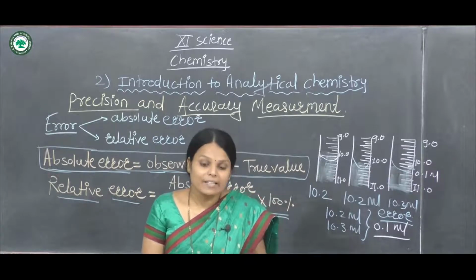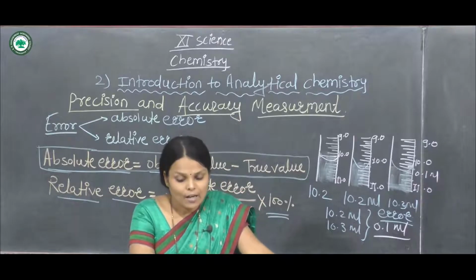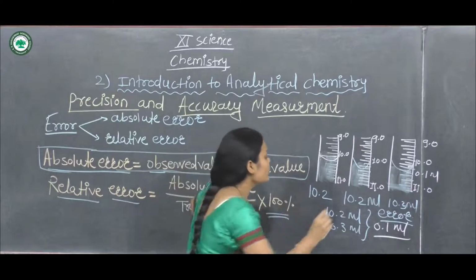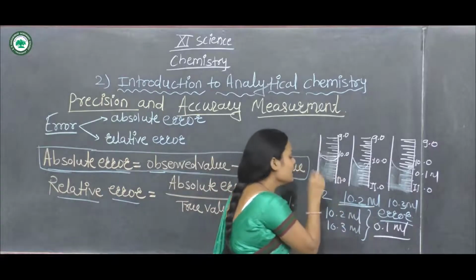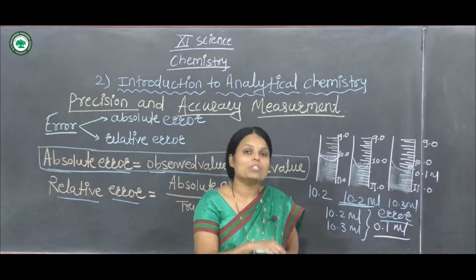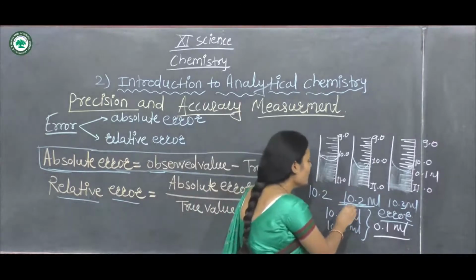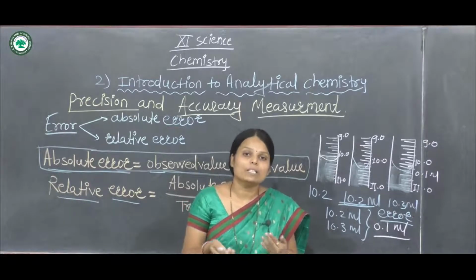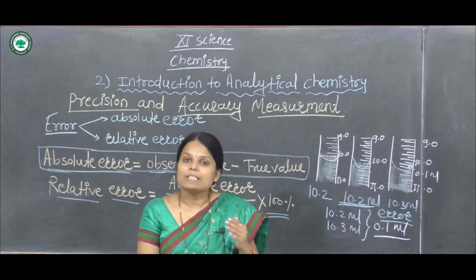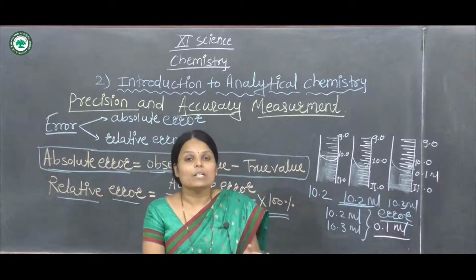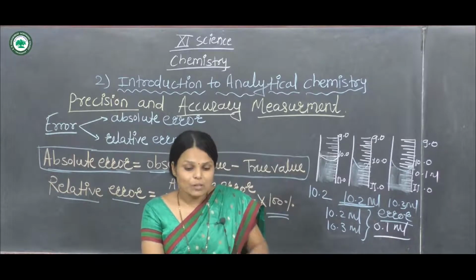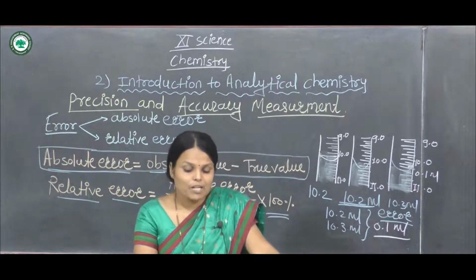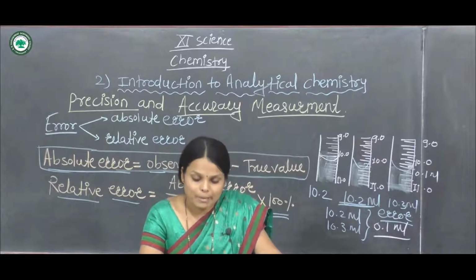If the readings match closely, for example the actual reading is 10.2 ml and your observed reading is also 10.2, then precision is achieved. We take multiple readings and match the closest readings. This is called precision.